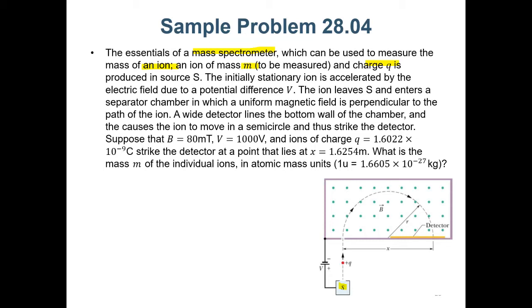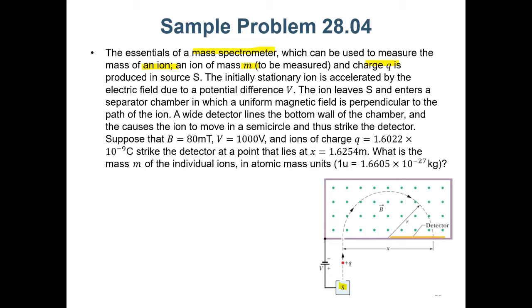Within the spectrometer, there is a B field pointing out of the page, perpendicular to the speed. So it will have a circular motion, for half a circle. Finally, it will hit this screen, so it can detect the position where the charge lands.